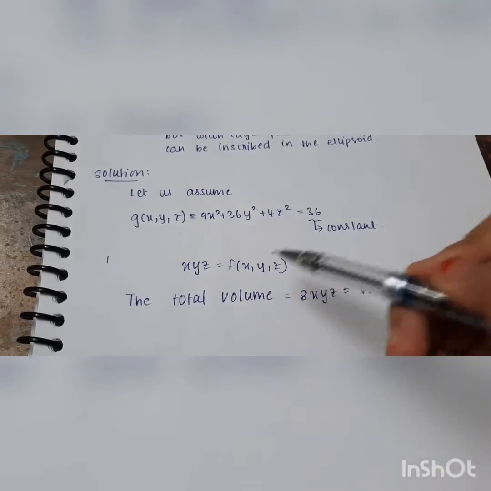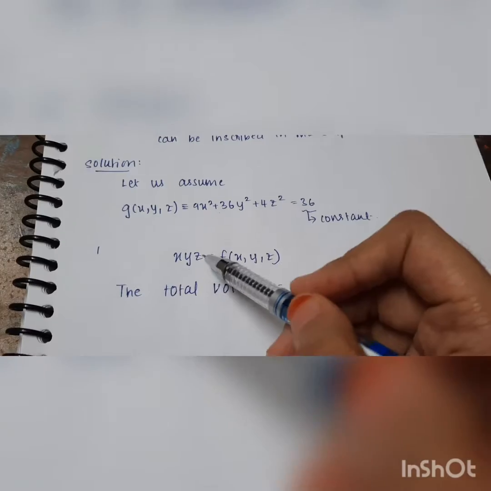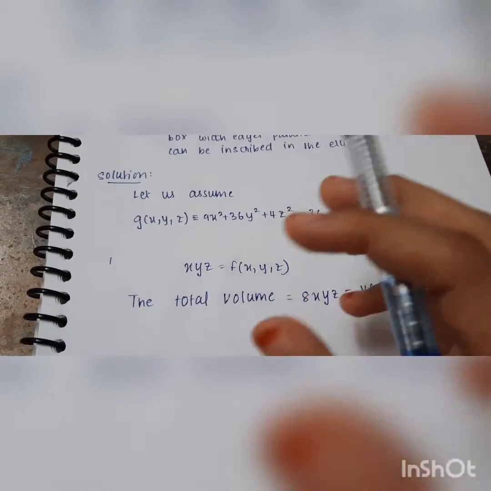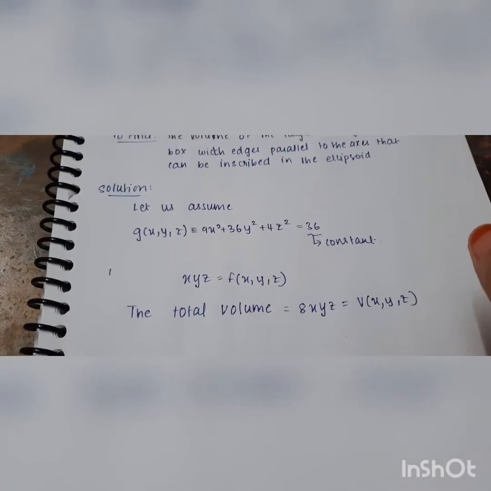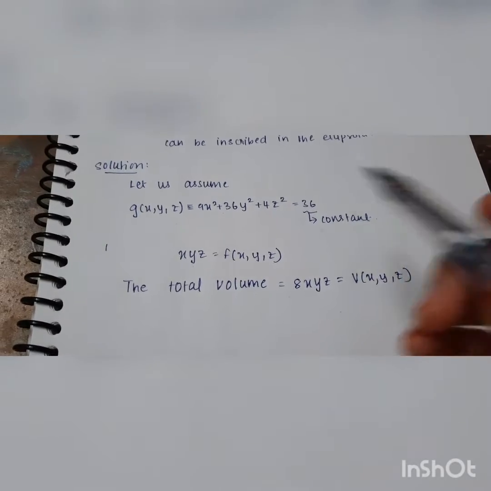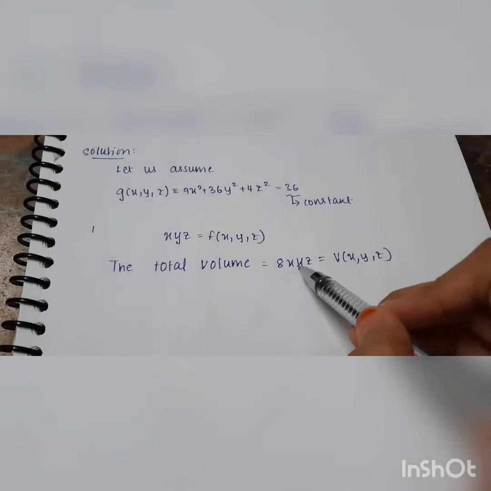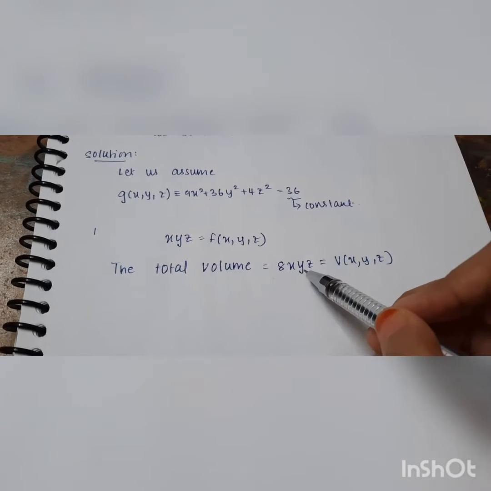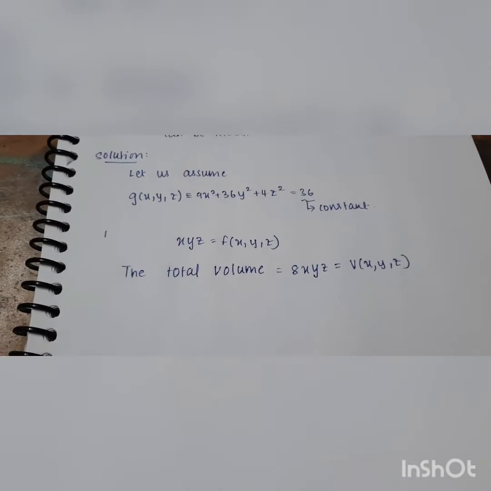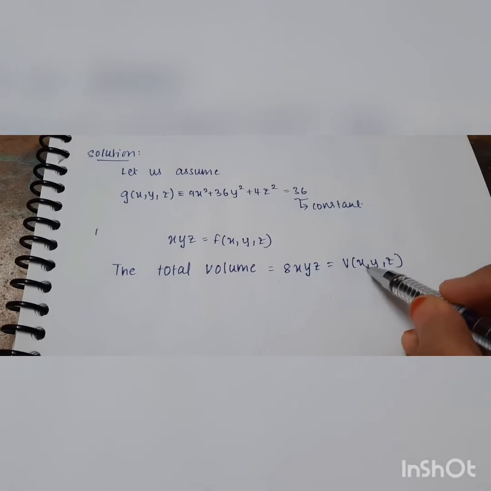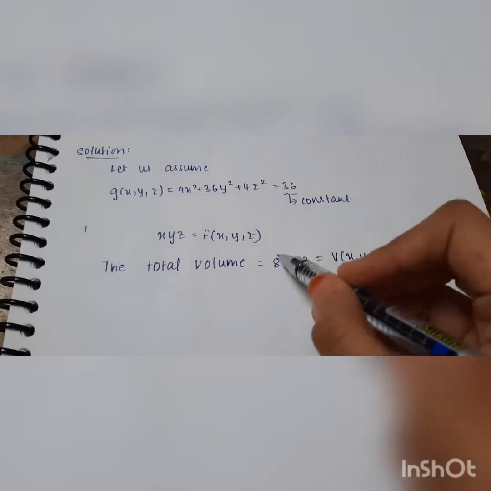So I considered it to be the function xyz, which is the volume of the rectangular box only in one particular octant. So the total volume would be 8xyz, which is equal to V of x, y, z. This is what I assume.